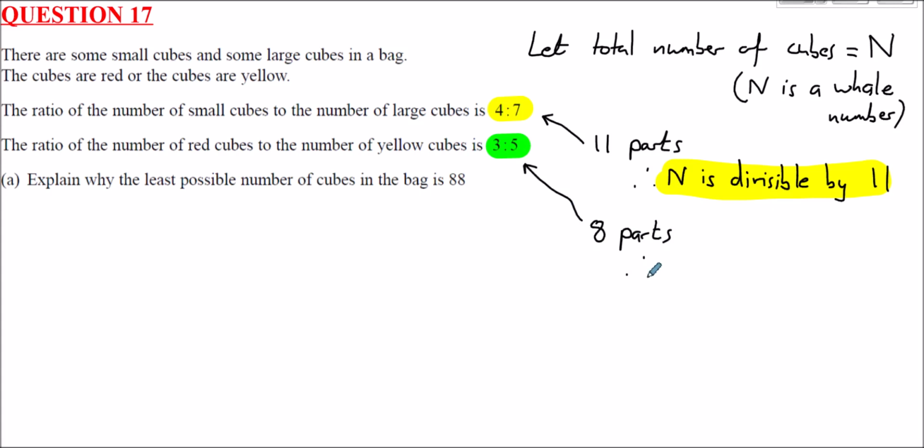So therefore, whatever the total number of cubes is, n, it must also be divisible by 8, because if the ratio of red to yellow is 3:5, that means they can be divided into 3 piles of red and 5 piles of yellow, so they can be divided into 8 piles as well. So n is also divisible by 8.